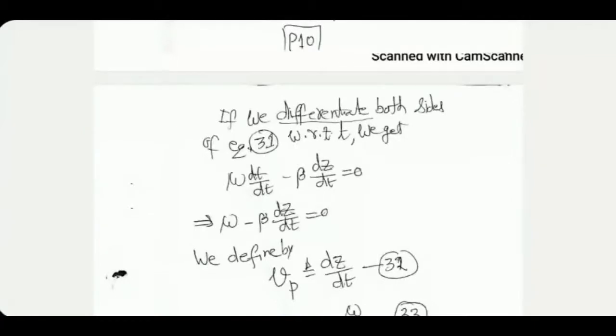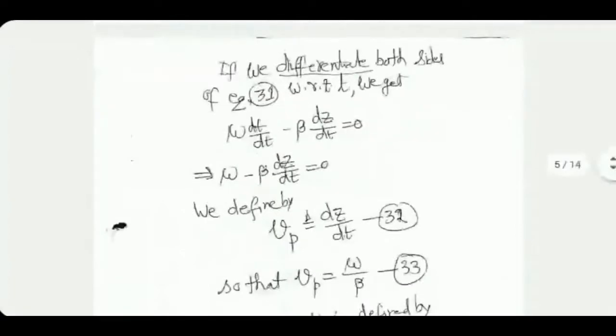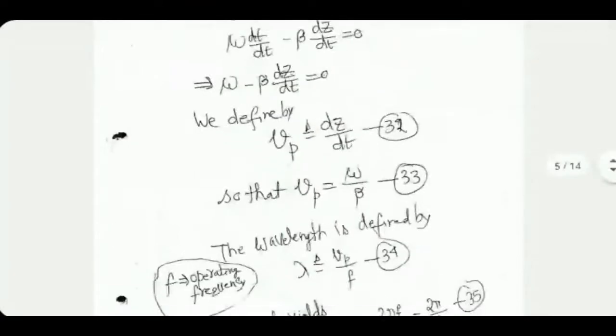We define dz by dt as the phase velocity. That is the rate at which z is increasing for the same surface with time. So Vp is dz by dt, and that, looking at the equation we have got, is easily seen to be omega divided by beta. The phase velocity of this wave is defined by omega divided by beta.